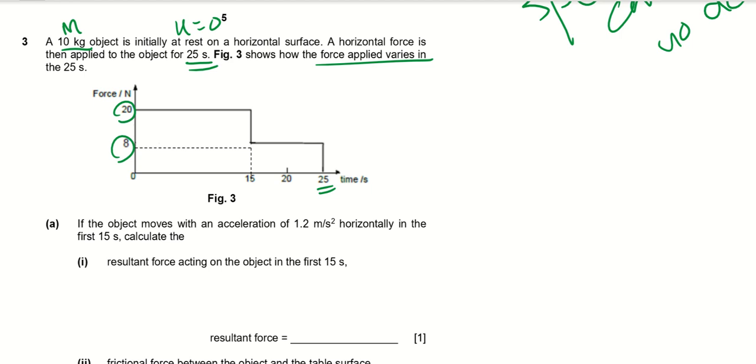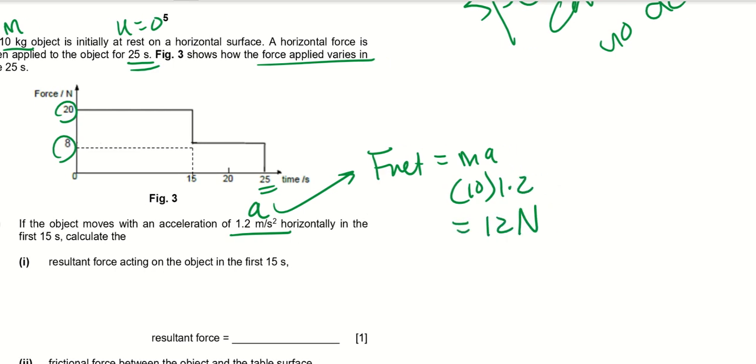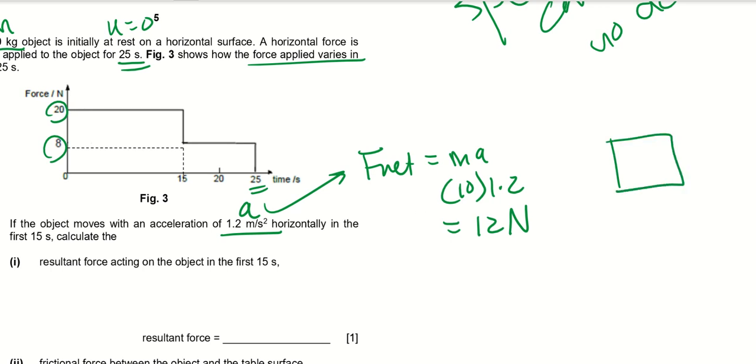If the object moves with an acceleration of 1.2, so I have acceleration. If I have acceleration, I'm going to have F net. So I'm going to do my calculation straight away. Because my mass is 10, my acceleration is 1.2, therefore it is 12 Newton. So my F net is 12. How do I represent this? This is 10 kg, right?